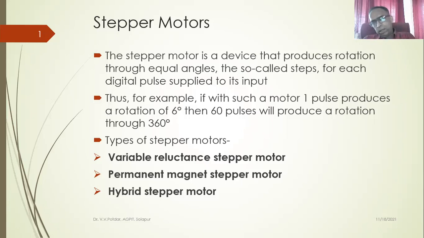A stepper motor, as you know, is a device that produces rotation through equal angles, the so-called steps. The angular positional change is in steps, one for each digital pulse supplied to its input. That's why it is called a stepper motor, because it receives a stepped input in the form of a number of pulses.